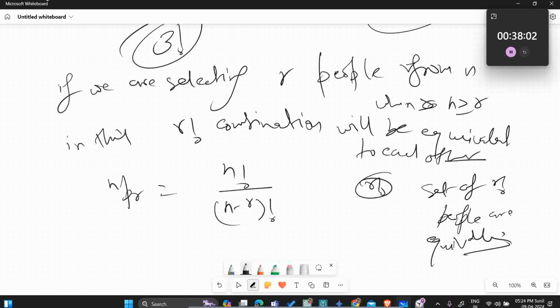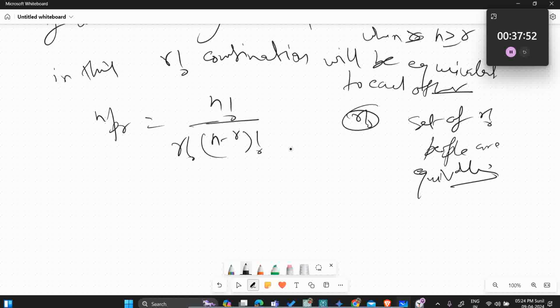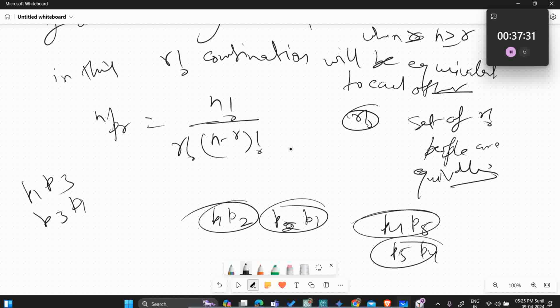For example, P1 P2 and P2 P1 are equivalent, P4 P5 and P5 P4 are also equivalent, and P1 P3 and P3 P1 are equivalent.